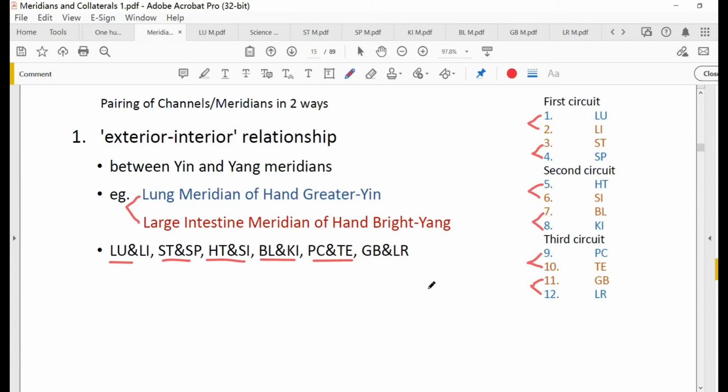And finally, you can remember. So is there any other questions? So we have to remember this for tomorrow.